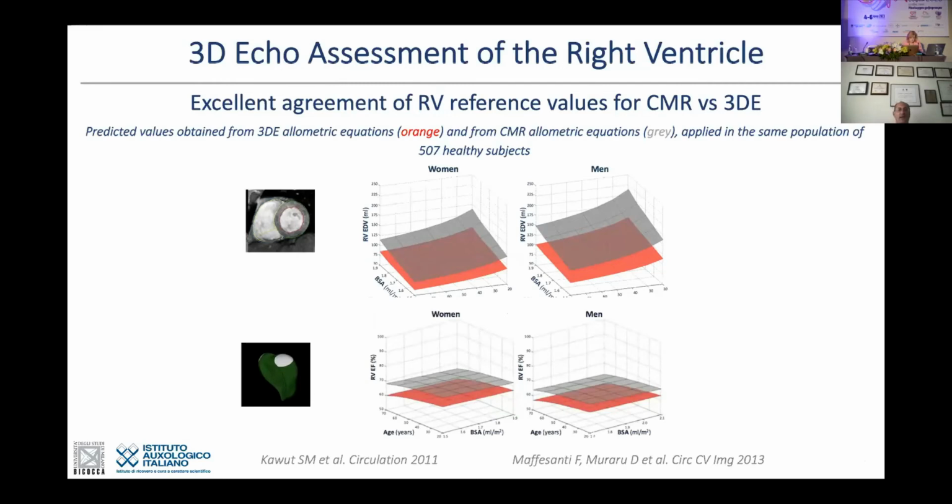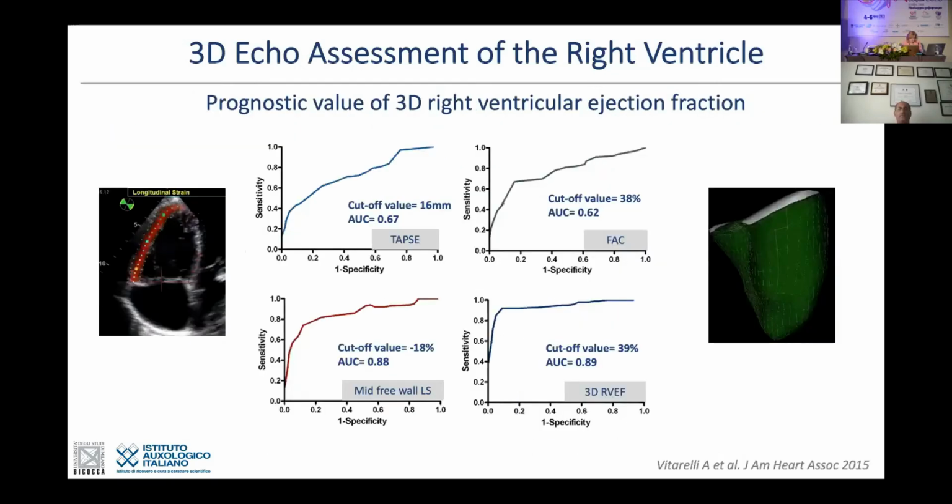But they are worthwhile, because when we compare the allometric equations developed for 3D echocardiography with the similar equations that have been developed for CMR, we end up, again, with the confirmation that the 3D echo, the red lines, is slightly underestimating the volumes compared with the CMR, the gray lines. But as you see, these lines are quite parallel, so they are quite predictable.